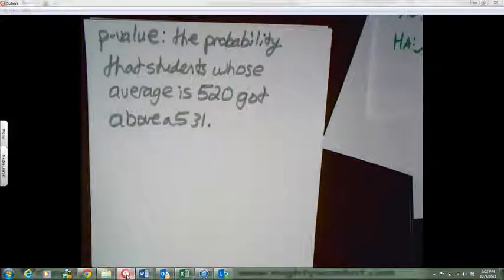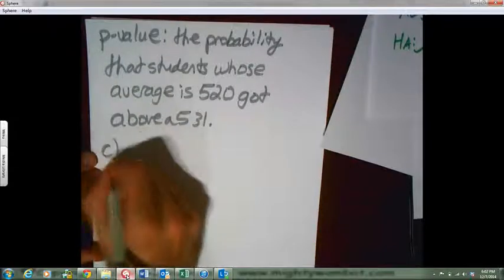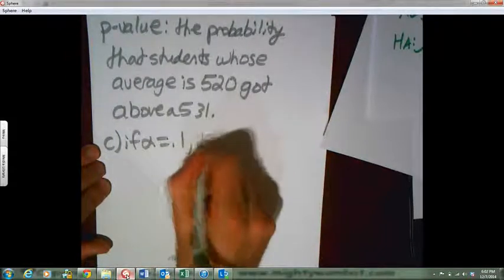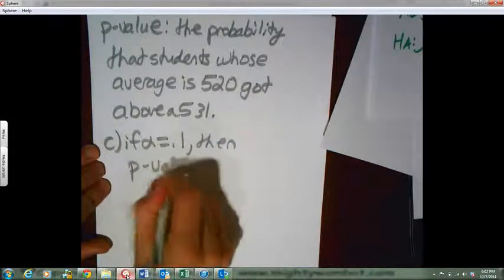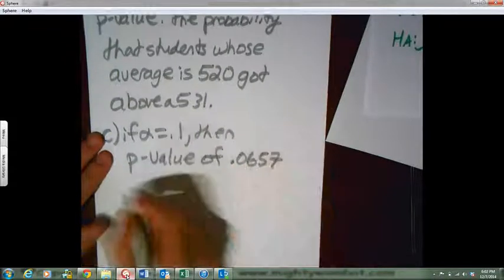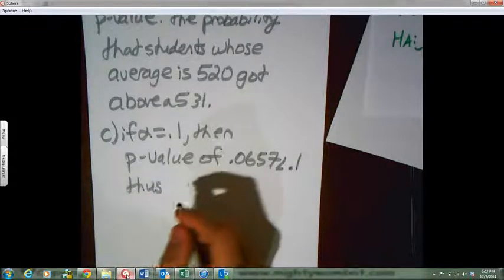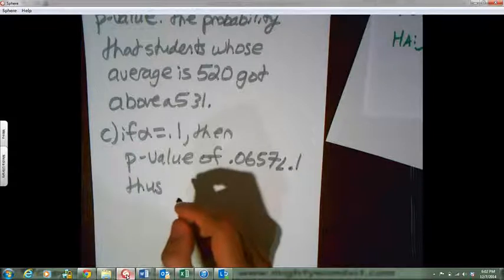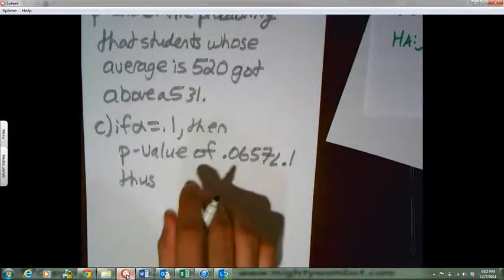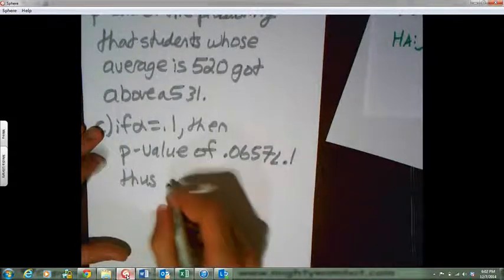C, would the conclusion change if alpha was 0.1? So if alpha is 0.1, then the p-value we got, 0.0657, is less than 0.1. Thus, if the p-value is less, then the p-value is less than 0.1.